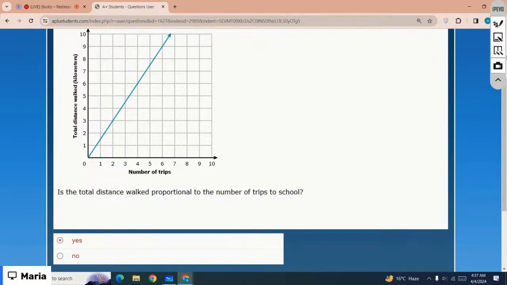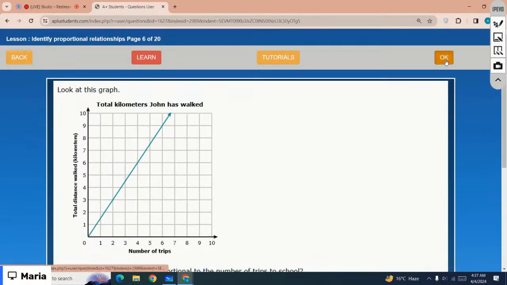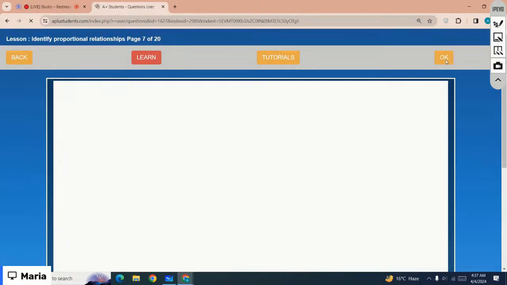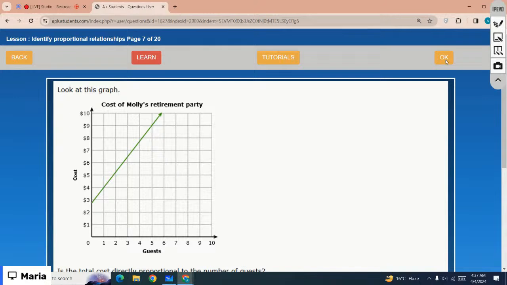The correct option is yes. Got it? Look at this graph.